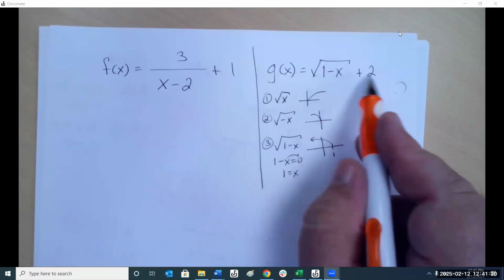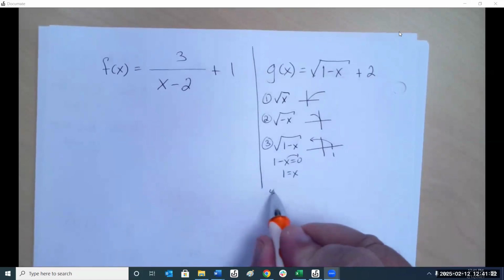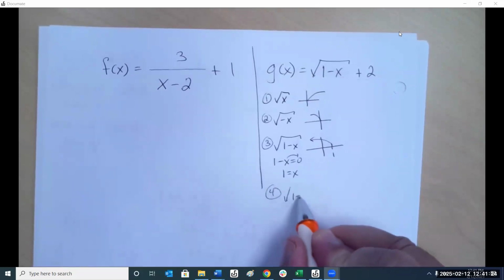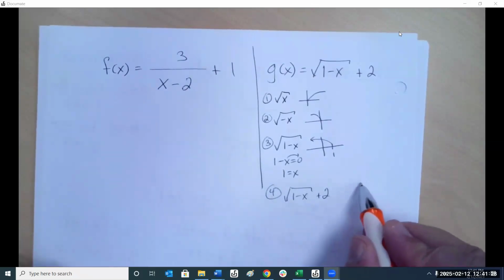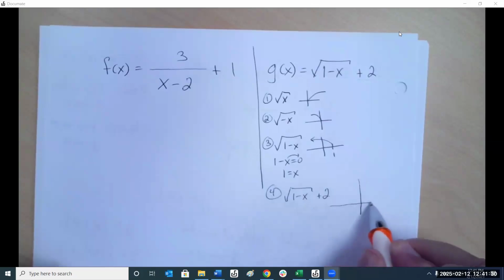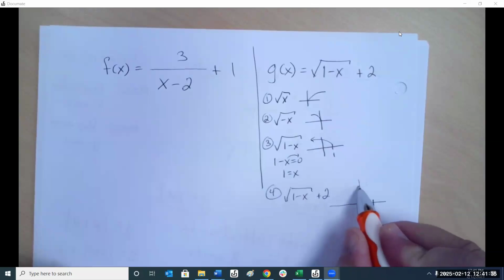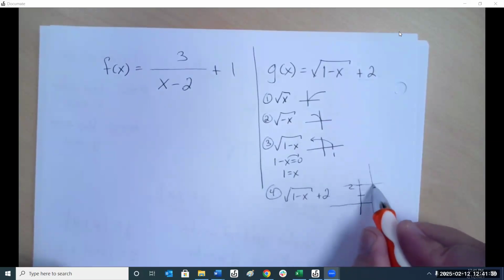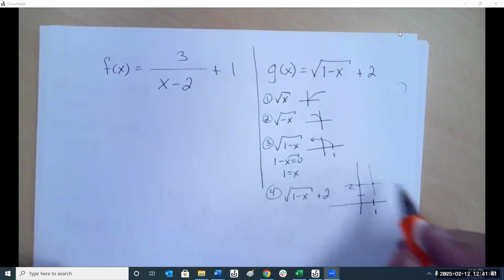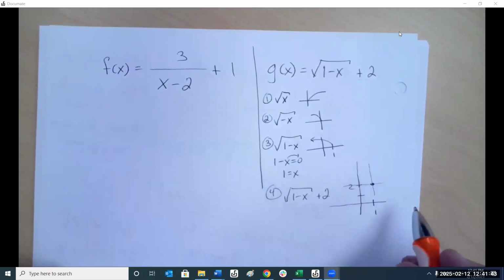Then it tells us to go up 2 spaces. So we know it's shifted 1 to the right, and now we have to go up 2. So there is our new origin right there. We have a dot there.